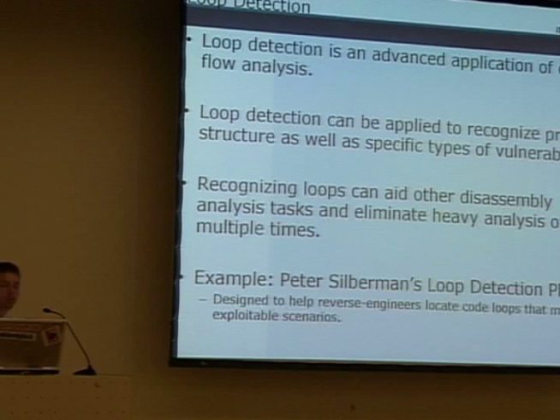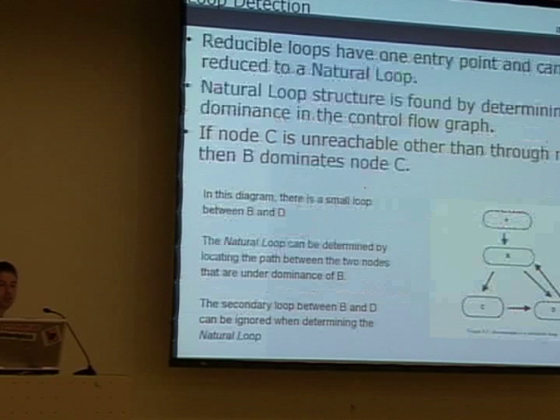So let's take a little deeper look at Peter Silverman's loop detection plugin. Basically, there are two general types of loops, reducible and irreducible. When you look at the control flow graph, you understand that there are pathways between two nodes, and sometimes those pathways are inconsequential and not actually part of a loop.